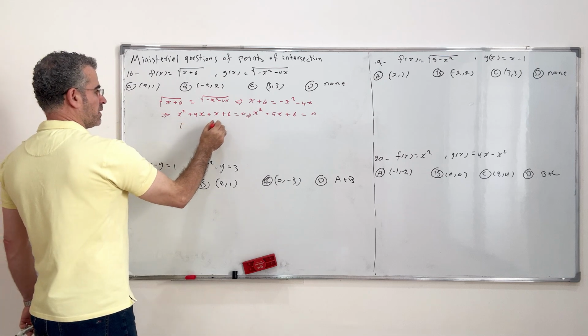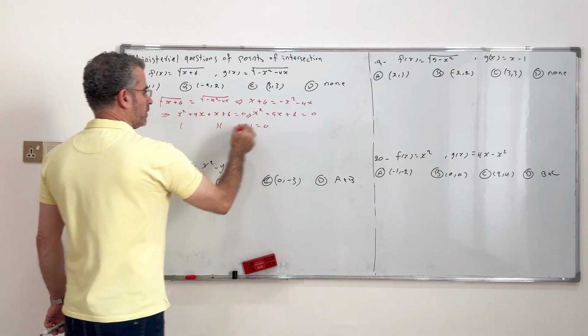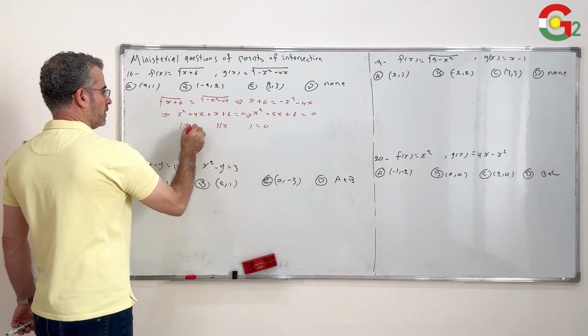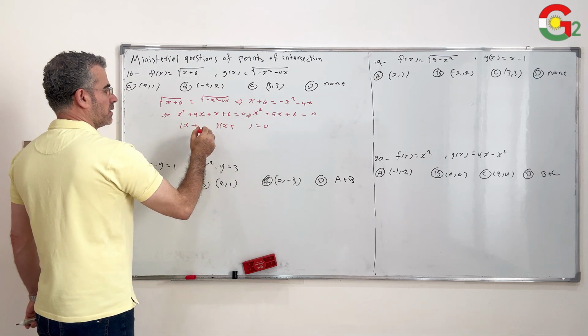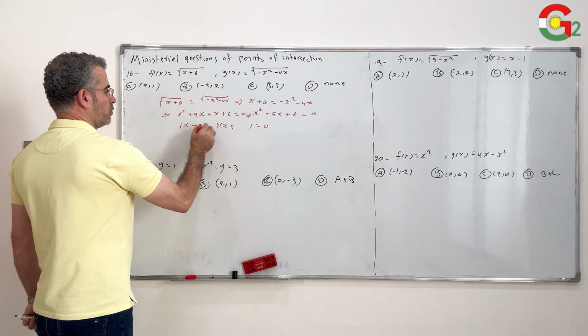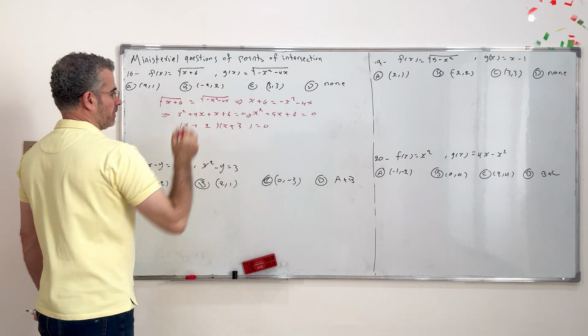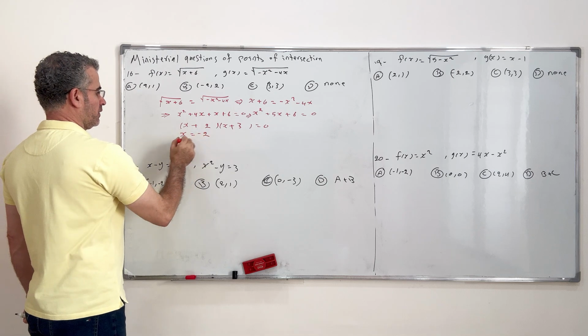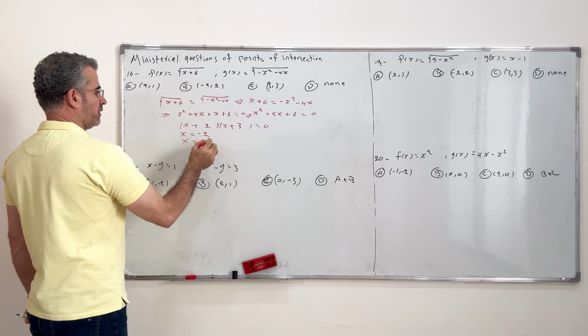Then by experiment, x plus 2 and x plus 3. Then either x equals negative 2 or x equals negative 3.